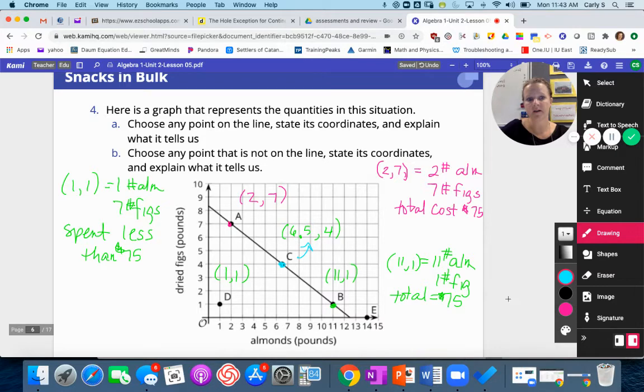This one right here is not on the line, so she spent less than $75. If I had an ordered pair out here, that's also not on the line, that would be more than $75.